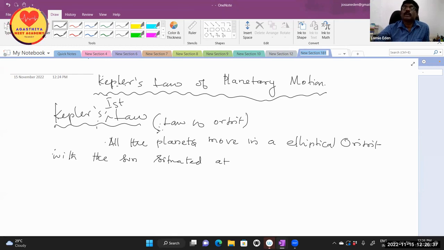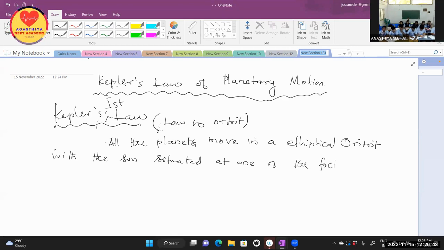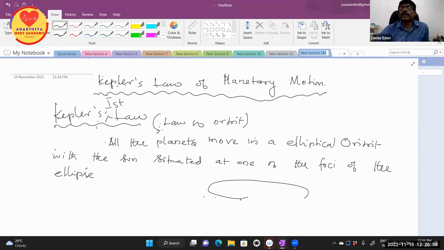situated at one of the foci. Foci of an ellipse: this is the ellipse, this is the major axis, this is the minor axis.